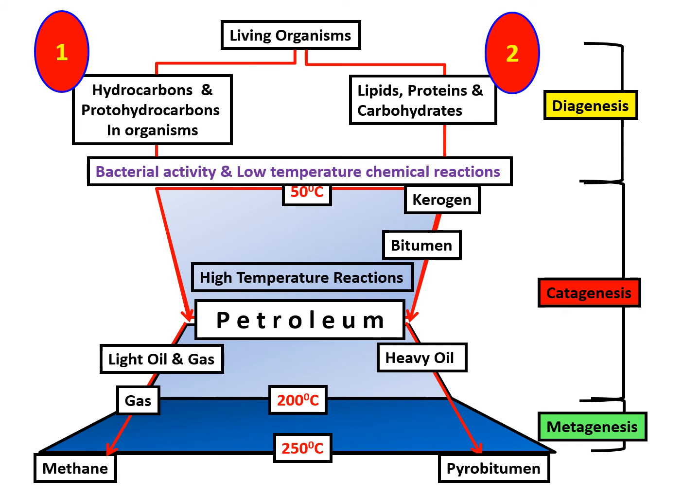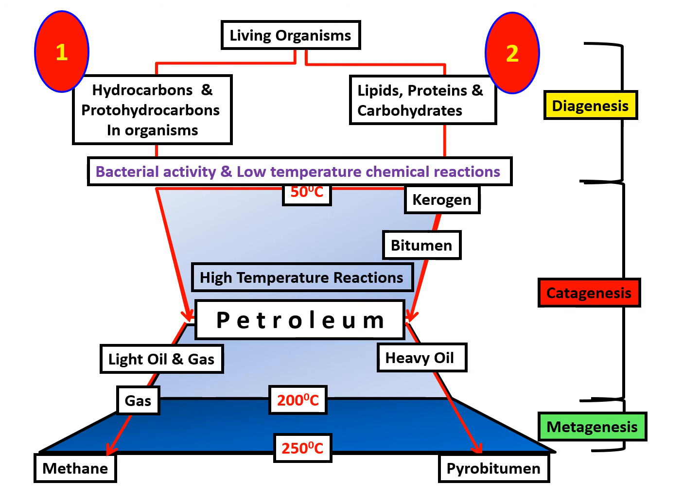So when this kerogen is buried deeper at a higher temperature, it will crack to form a bitumen that will break down further to form petroleum. Some hydrocarbons can also form directly from the kerogen.